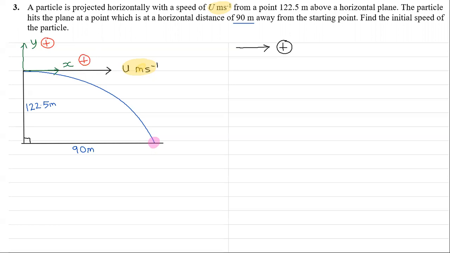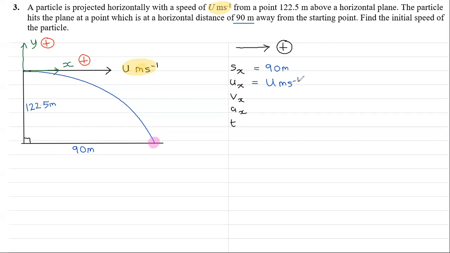So let's write down our Suvat components. These are horizontal components, so I'm just going to put my subscript in there as well. And we're going to label what we know. So we actually know the horizontal displacement this time. It's 90 meters. The horizontal velocity is capital U, meters per second. That's what we're trying to find.